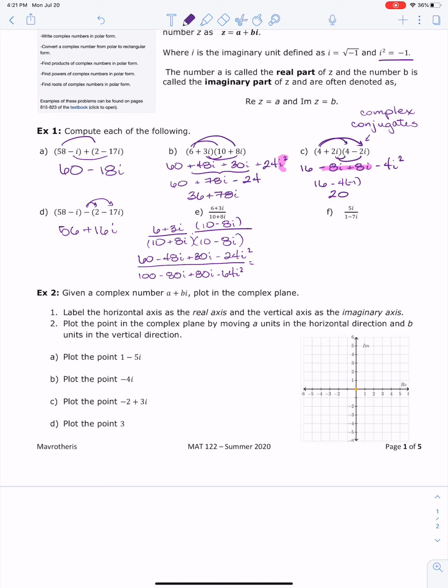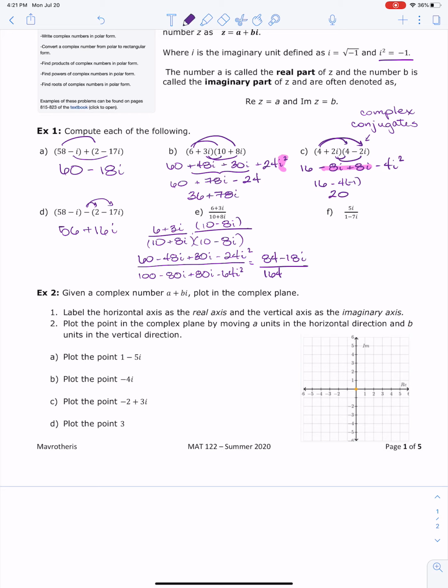I get 60 plus 24, so 84, minus 48i plus 30i, so minus 18i, all over our denominator. Let's see, the middle parts cancel out. We got 100 plus 64, so 164.